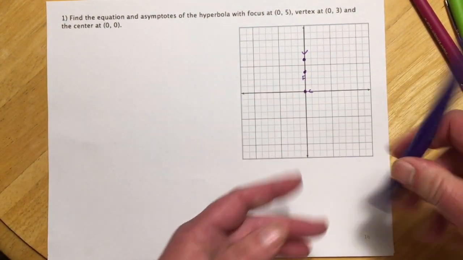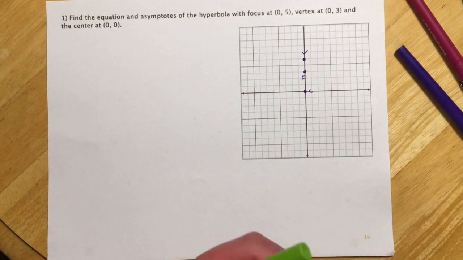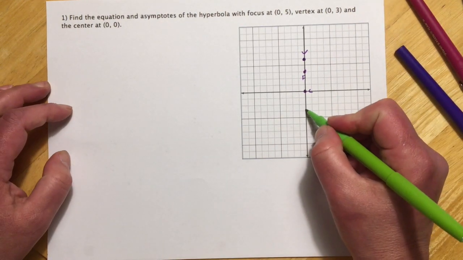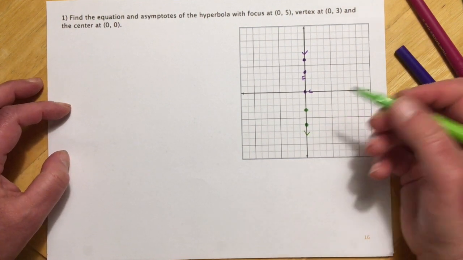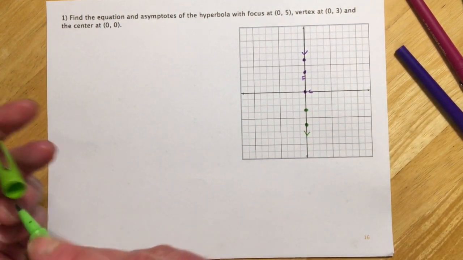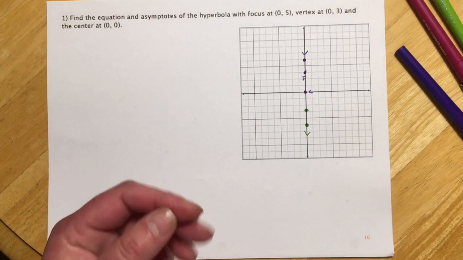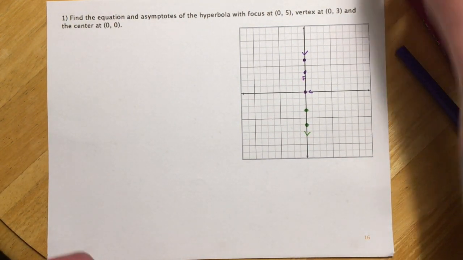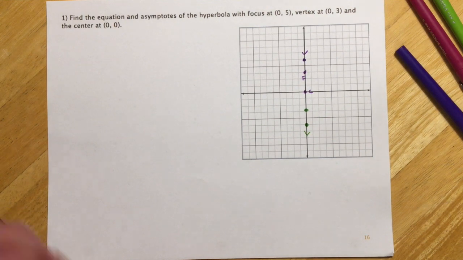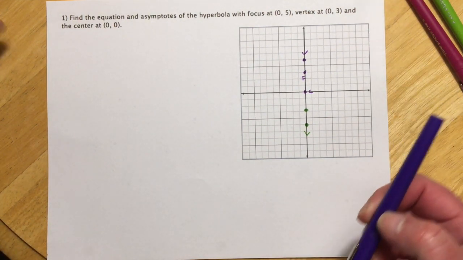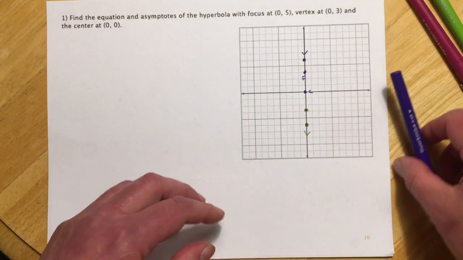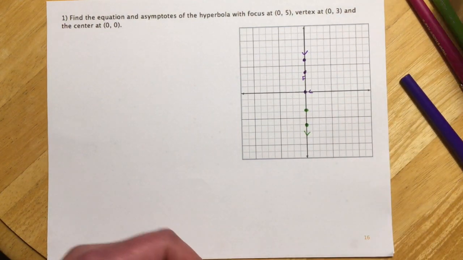And if I have those three points, then that means I also have these two. There's the other focus, and there's the other vertex. That also gives me a and c. So a is still center to vertex. Oops, you know what? I mislabeled this one up here, sorry. Actually, I mislabeled both of those. Let me fix that.